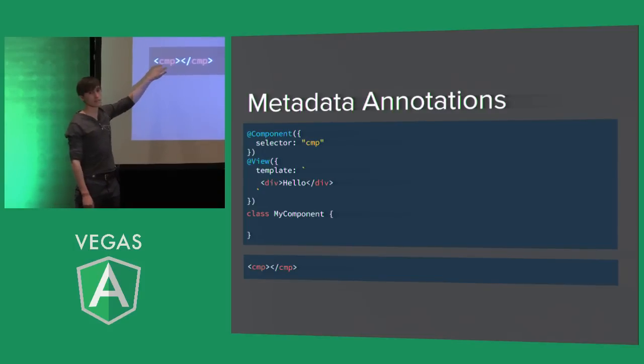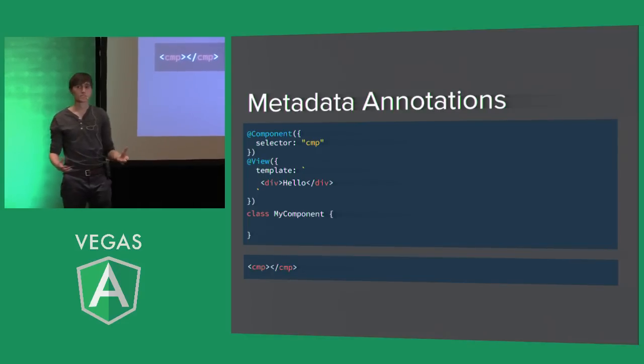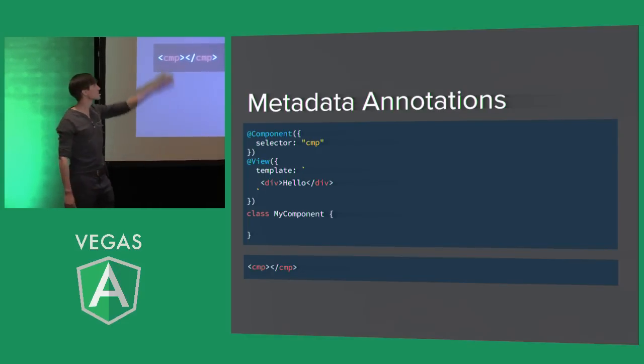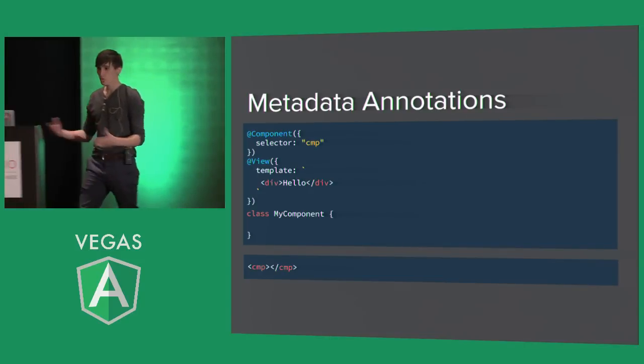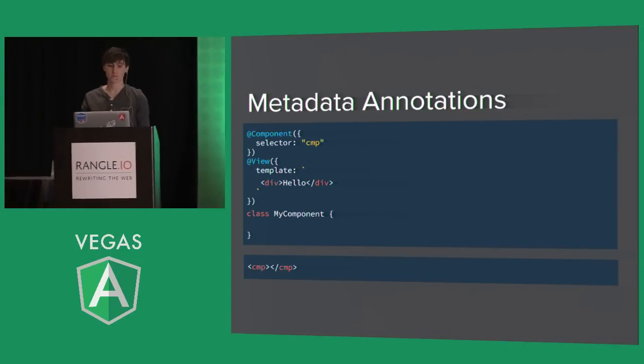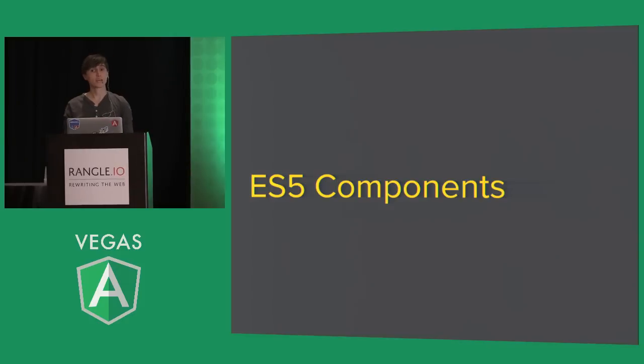Therefore, when I type a component or CMP custom element, it knows it's this guy right here. And the @View annotation tells Angular, hey, this class has a view of a template, which is just div hello, and that's it. I could provide a template URL if I want to call out to something else, or I could just provide the template inline, which I'm doing right there. So that's how that looks in TypeScript.